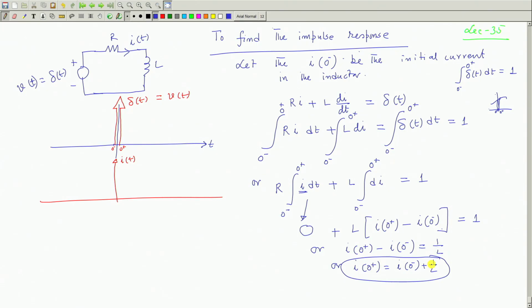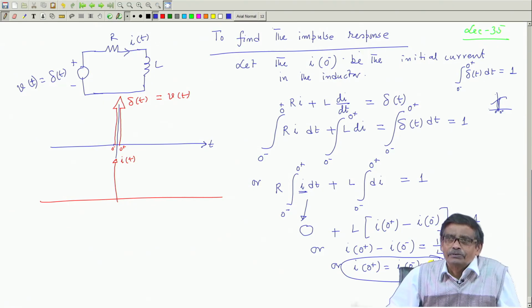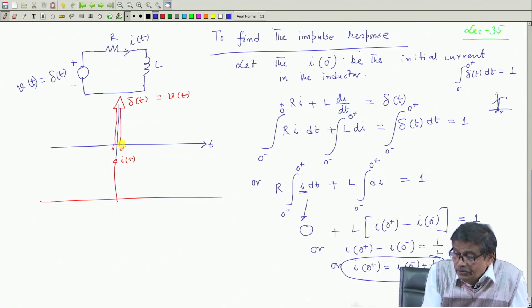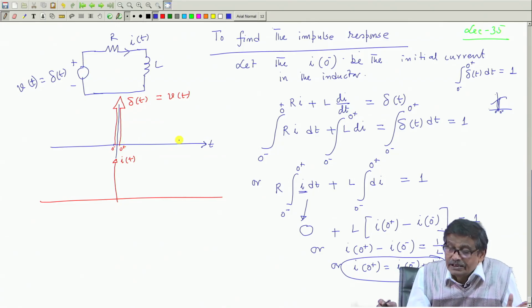Now, impulse function, some people say it is a very simple function, but it is disturbing at t equal to 0. Okay, let it disturb at t equal to 0. But you see, for t greater than 0 plus, delta t does not exist.